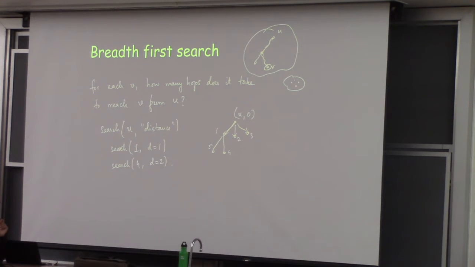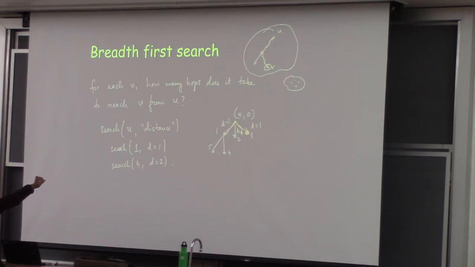So if you do it this way, suppose I started off the search at u with 0. This will end up assigning a distance value to just these three vertices. Okay, so it will say this is a distance 1, this is a distance 1, this is a distance 1.